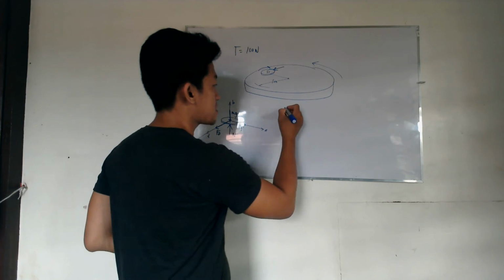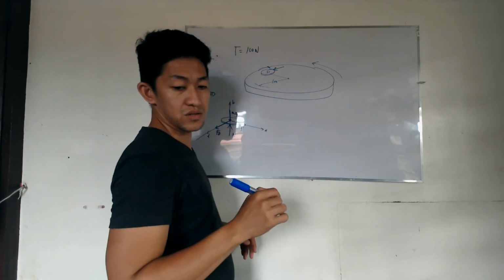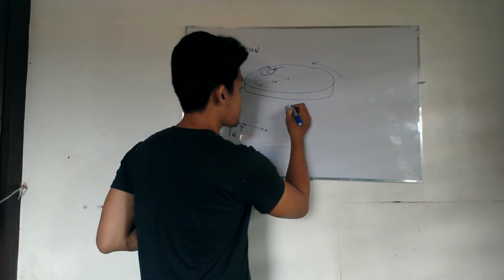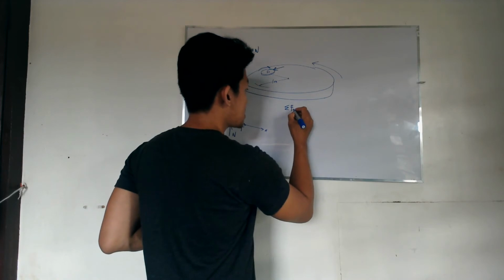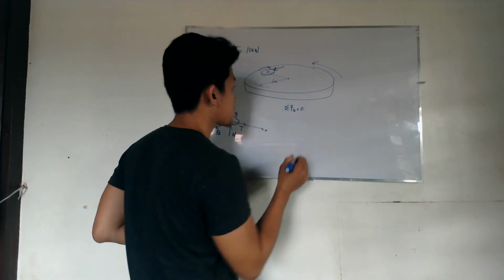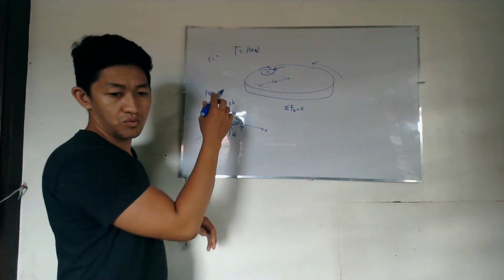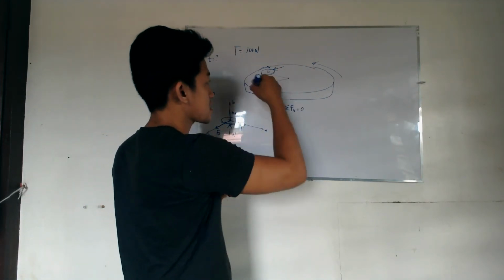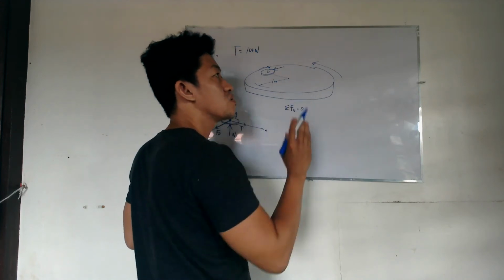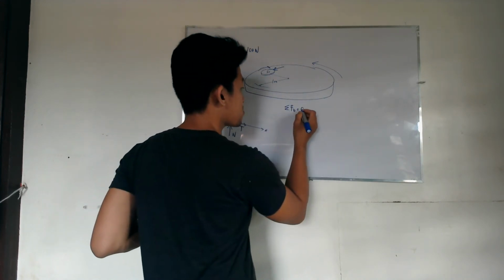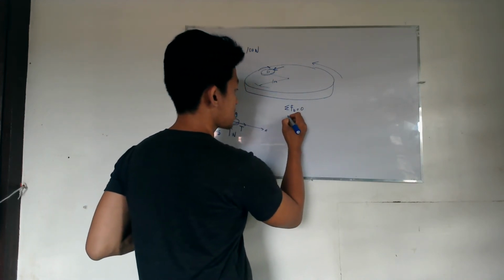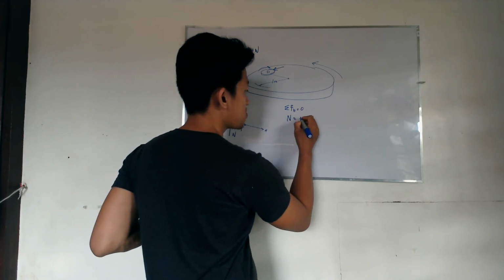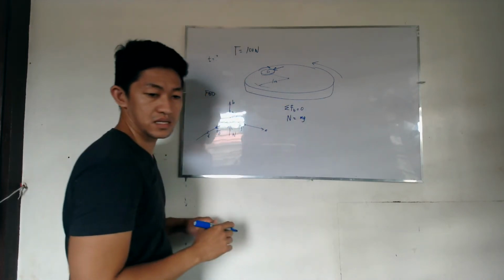Okay, so let's apply Newton's second law of motion. Summation of forces along the binormal direction. In the binormal direction, the disc does not move upward along the path, so it is zero. Therefore, the normal component is just the weight. Right?